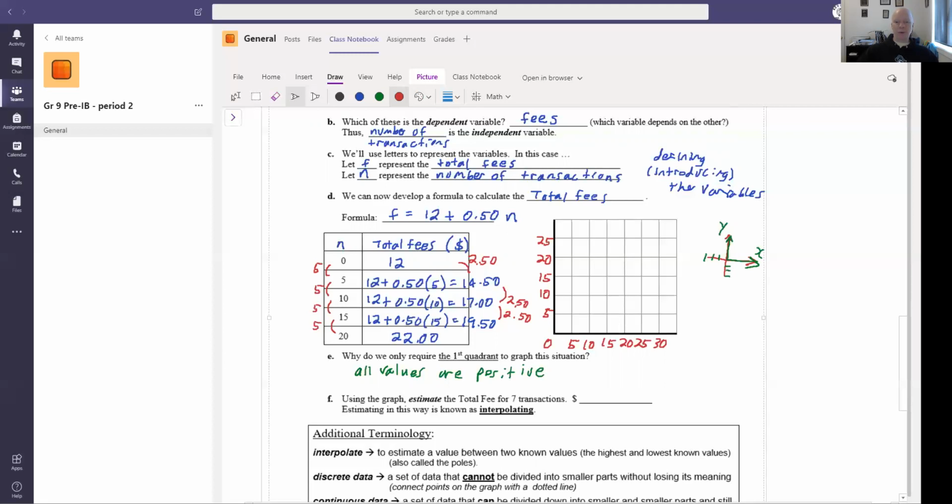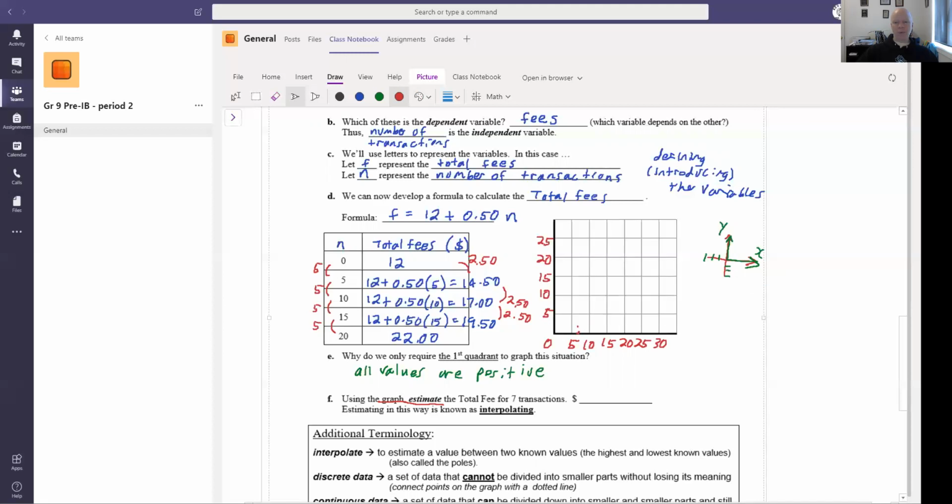And so once you plot the points, what you can do is draw one straight line through all the points. Don't go point to point. So if you're off, don't worry about it. Just use a ruler and draw one straight line that will go through all the points the best you can. And then to estimate using the graph, for 7 transactions, you're going to estimate where along the number of transactions axis 7 is.